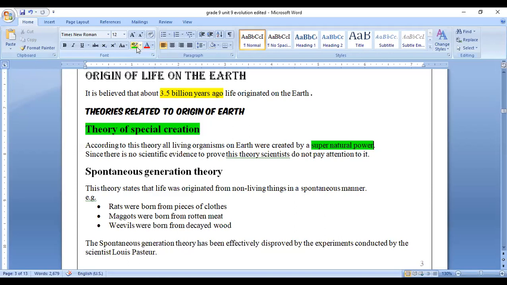So for the existence of the creator, we are searching for scientific evidence. There is no scientific evidence for the existence of a creator. Remember, I told you this in the last class. This is the nature of science. Science doesn't believe so many things, but does that mean they do not exist?